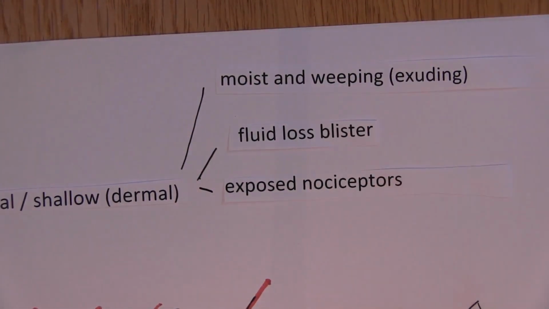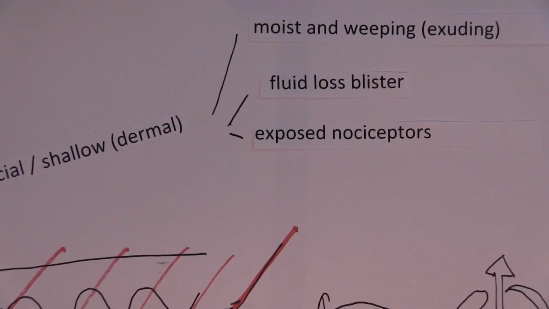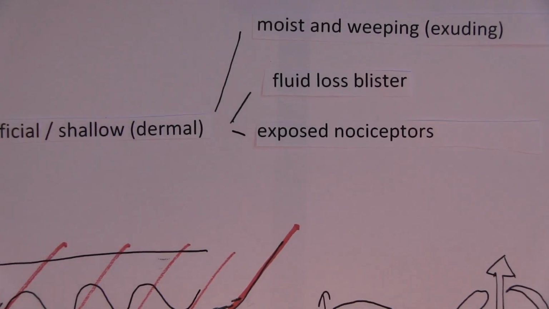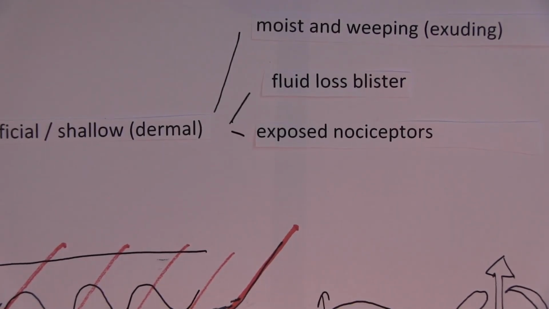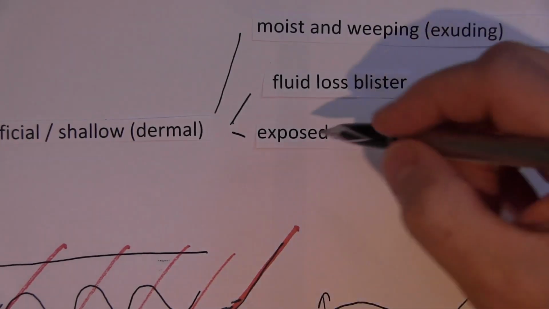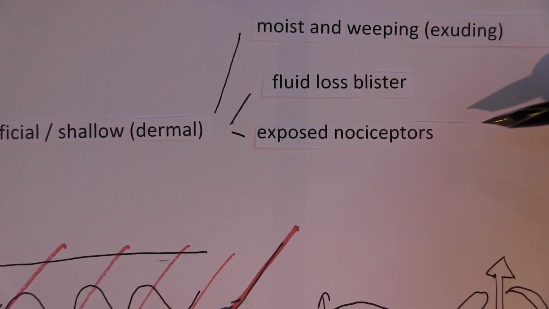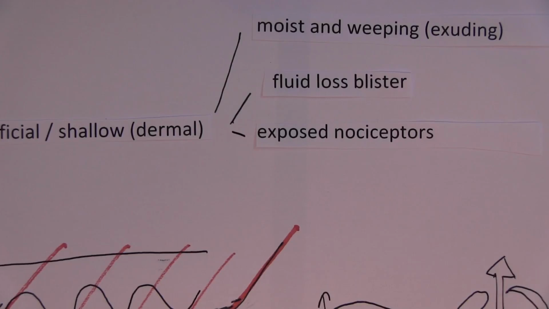There's going to be lots of depolarizing in the nociceptors. And of course that's what goes to the brain and is well into the central nervous system, and is experienced as pain. So these burns are very painful. And how do we know how deep the burn is?